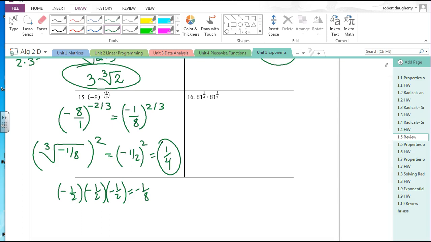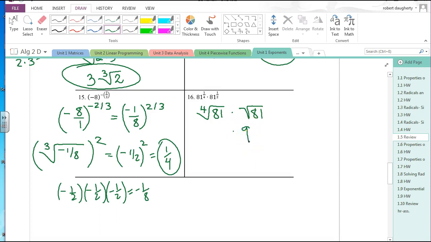81 to the 1/4 times 81 to the 1/2. This is the 4th root of 81 times the square root of 81. Okay, square root of 81, that's 9.